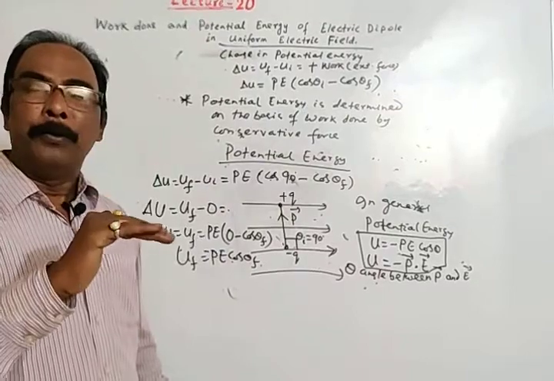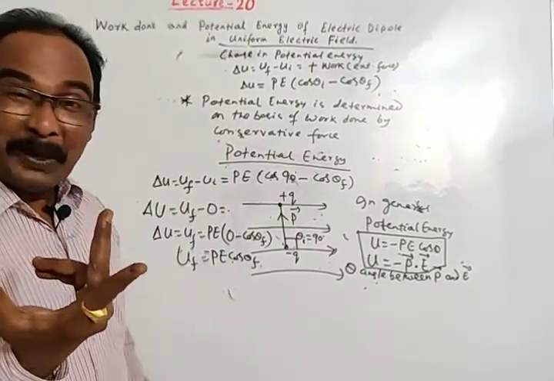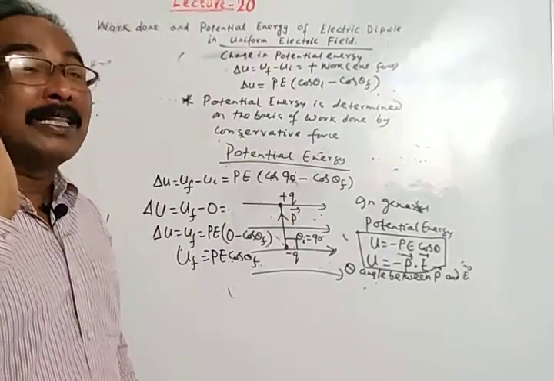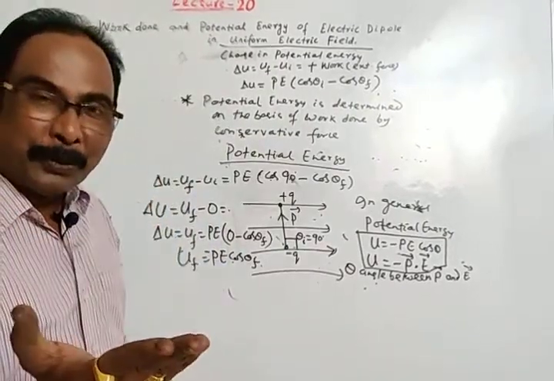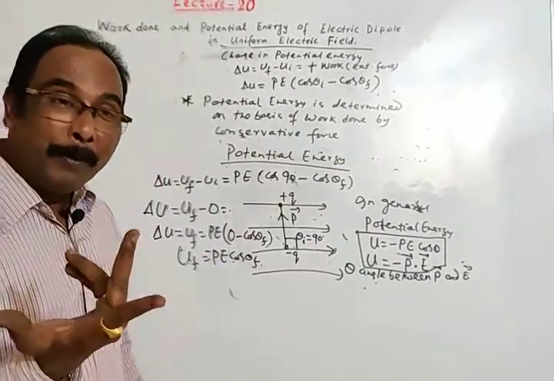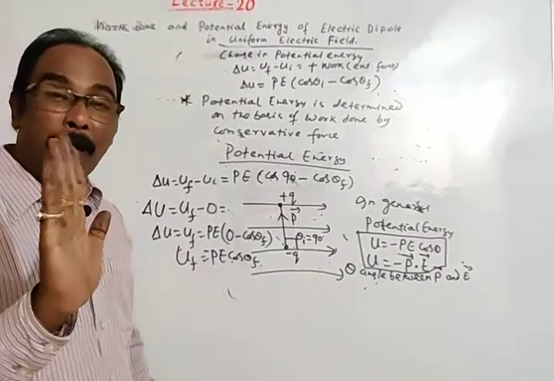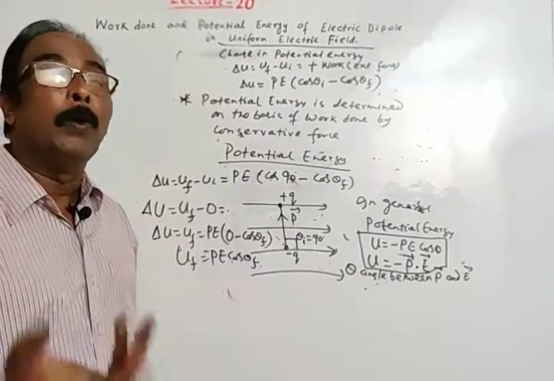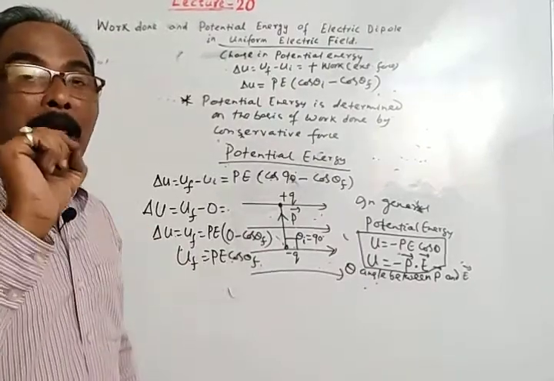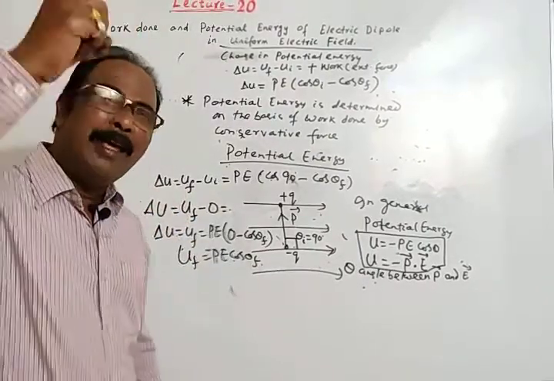When the dipole is perpendicular to the direction of the electric field, then potential energy is 0. This is our initial reference point.